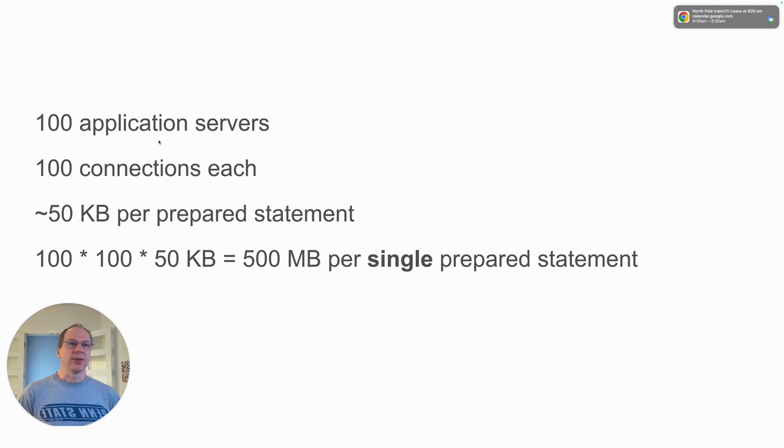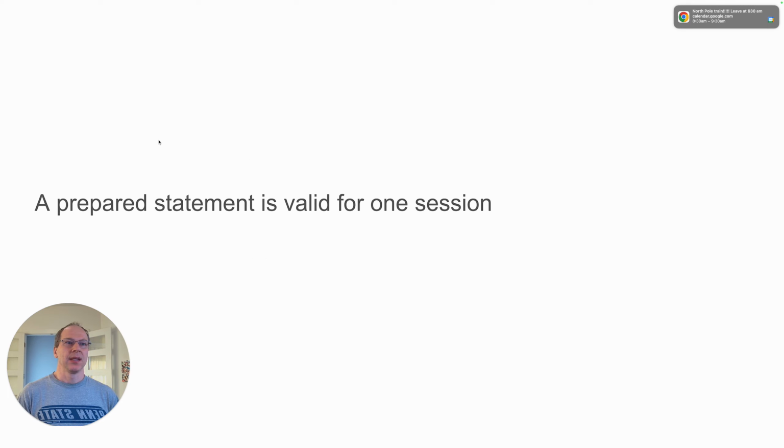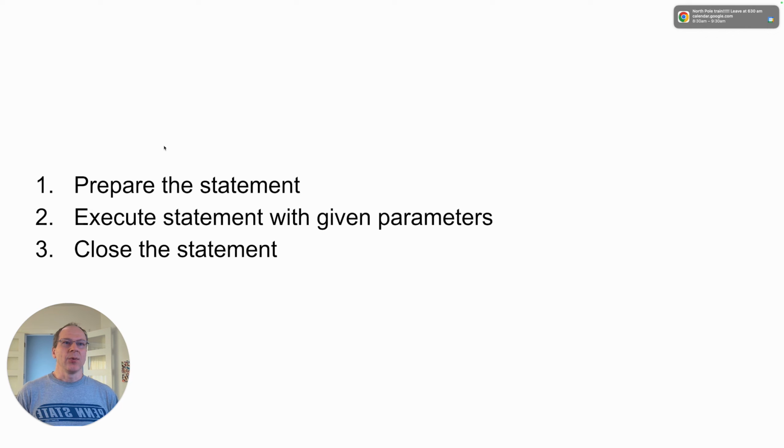And what did we see earlier? If we're using short-lived prepared statements, that means each connection, each session will be preparing a statement. So if we have 10,000 connections, there's going to be 10,000 prepared statements used.